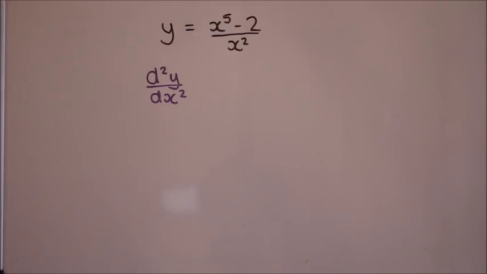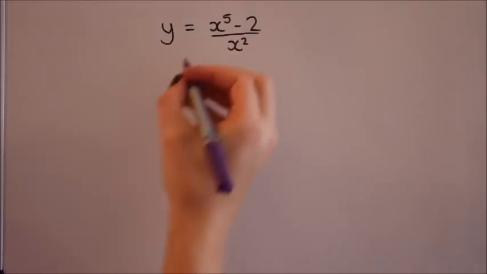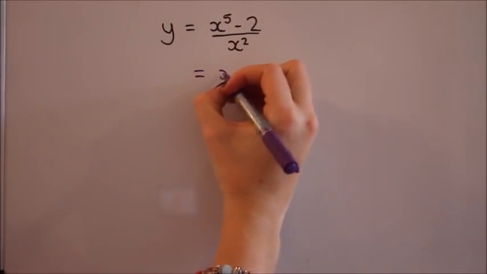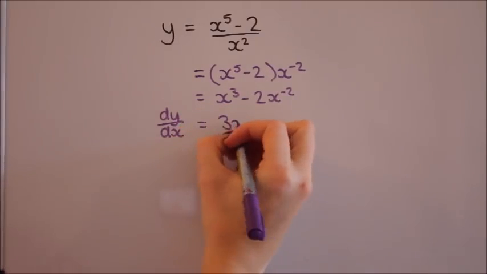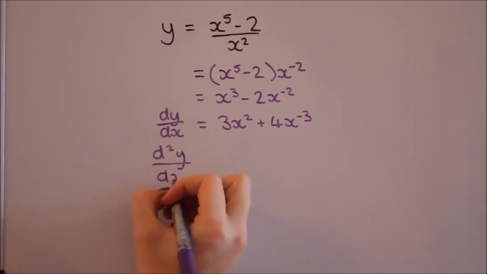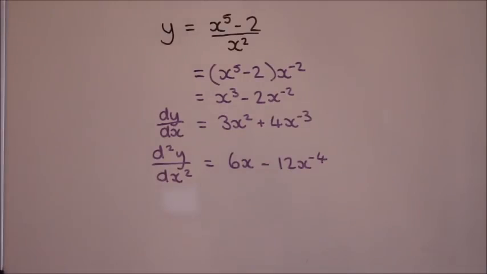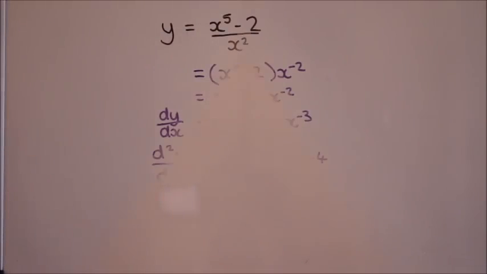So we're just going to differentiate this and then do it once more to find the second derivative. Before we differentiate, we need to prepare it. So that's the second derivative.